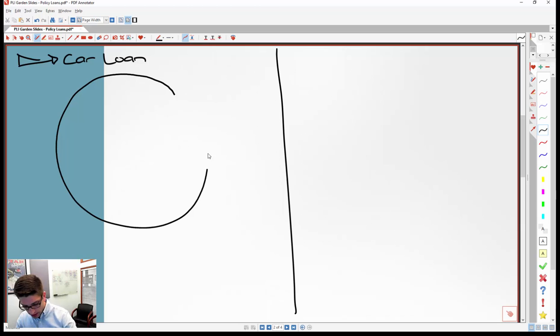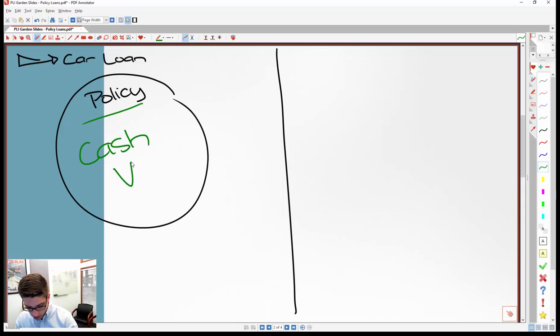Let's say this circle right here represents your insurance policy, wherein you have cash value growing inside that policy. Again, the cash value is kind of your savings account position inside that life insurance policy. As a reminder, cash value has growth associated with it too. The insurance company gives you a guaranteed interest on that cash value.